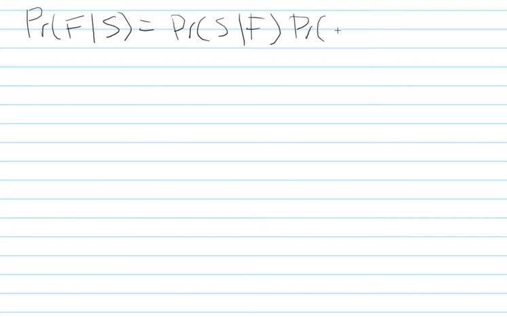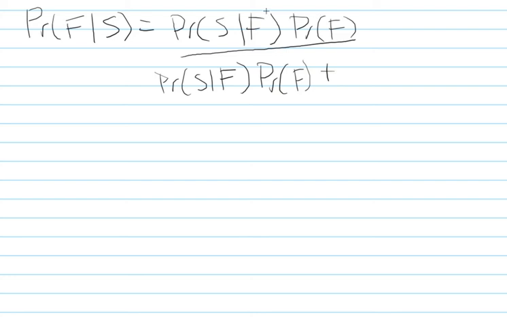So applying Bayes' theorem, the probability of George having the flu, the probability of F, given that he has symptoms, equals the probability that he has symptoms, given that he has the flu, times the probability that he has the flu, over, and then here we simply repeat the numerator.